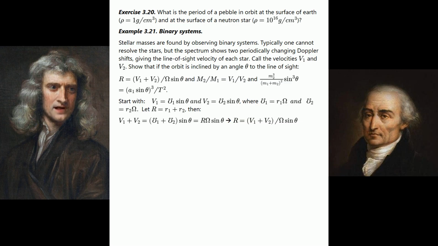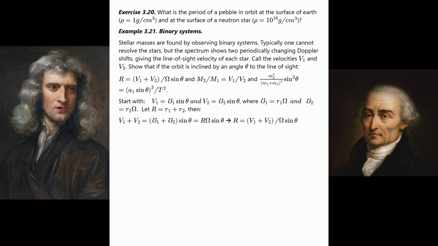Show that if the orbit is inclined by an angle θ to the line of sight, r equals (v₁ plus v₂) divided by Ω sin θ, and m₂ divided by m₁ equals v₁ divided by v₂, and the fraction m₂ cubed over (m₁ plus m₂) squared, times sin cubed θ, equals a₁ sin θ cubed divided by T squared.